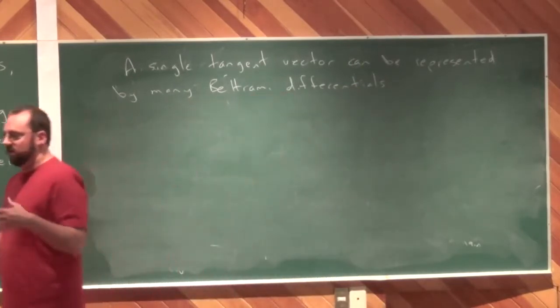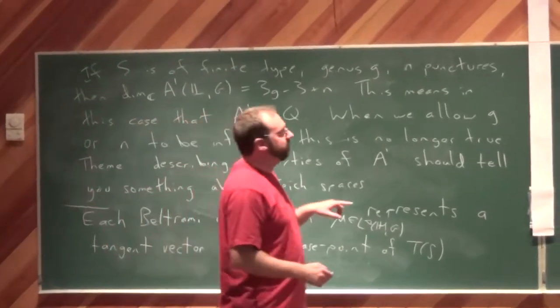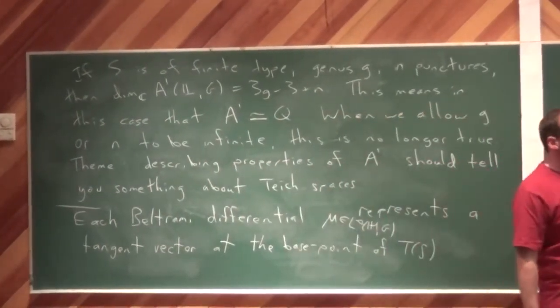So in fact, quite apart from the Teichmüller class of Beltrami differentials, we can have a class of Beltrami differentials which determine the same tangent vector.